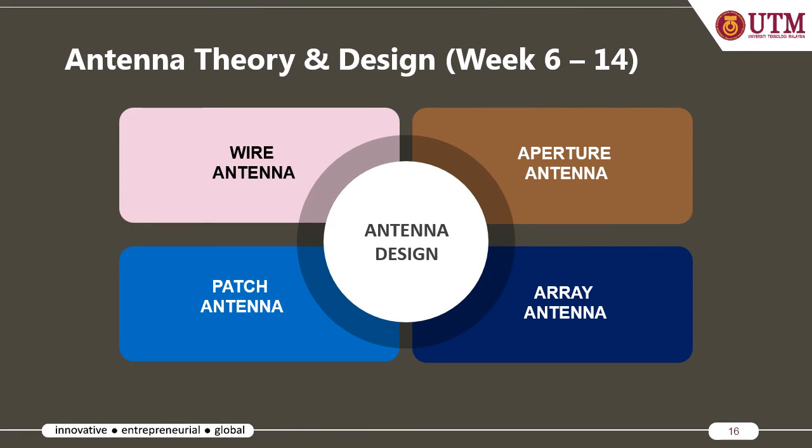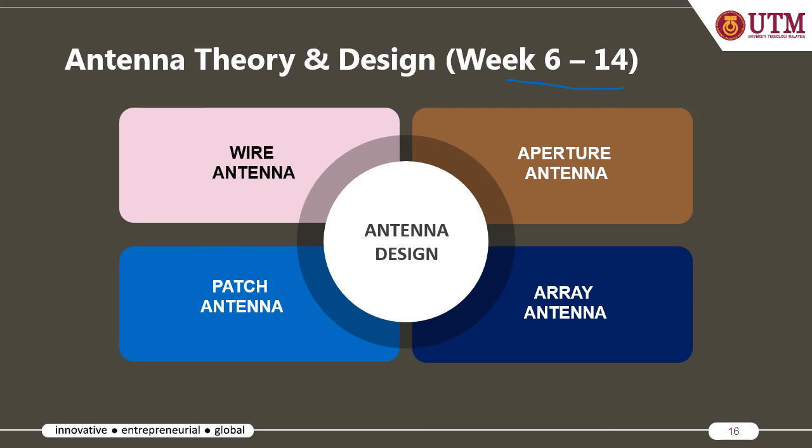Okay, as we have seen a variety of antennas in the previous slides, in this course we are going to focus on only four types of antennas, in which the theory and design will be discussed within weeks 6 to 14. These are the wire antenna, aperture, patch, and array antennas.